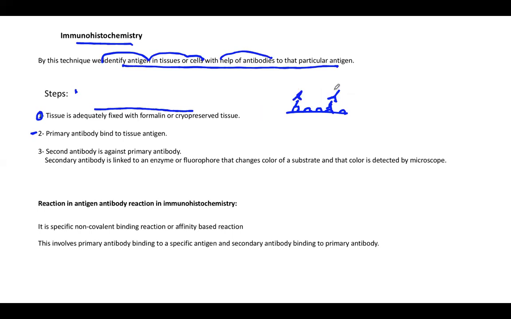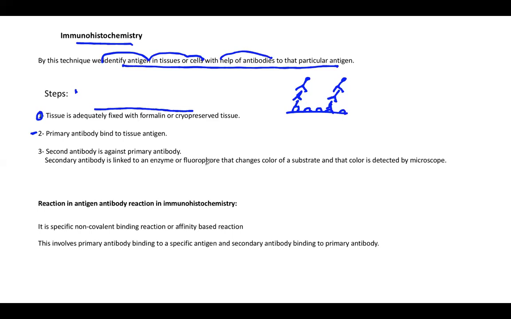Then we have a second antibody which is against this antibody. So this is the secondary antibody. This will attach to this. This second antibody has certain compounds with the help of which we identify if the antigen is present or not.